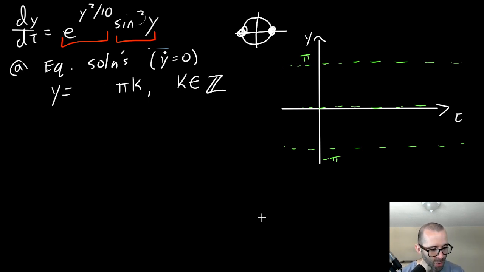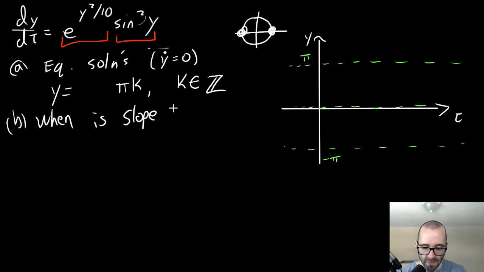And we can answer more things, right? When is the slope positive? All right, when is the slope of y positive? Well, again, exponential functions are always positive. They're never 0. Trig is between -1 and 1, but it's getting squared, right?